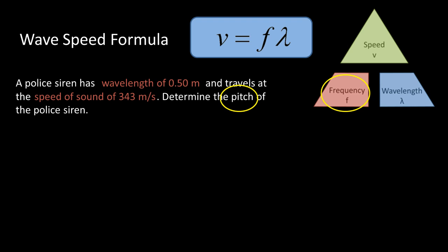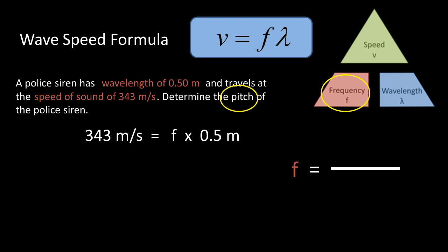And so when we plug these numbers into the formula, we get the speed of 343 meters per second equals frequency times 0.5 meters. All right, hopefully you can recognize how I just placed that in there. Next, we can use the triangle to figure out what formula we're going to use. And so it's going to be frequency. And if you look at the triangle, you can see that speed is over wavelength.